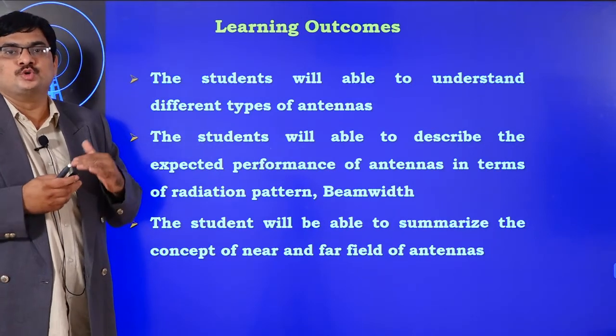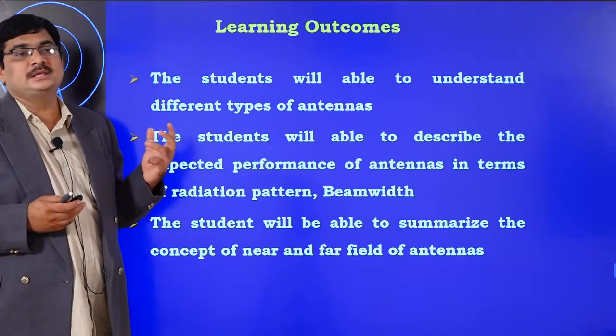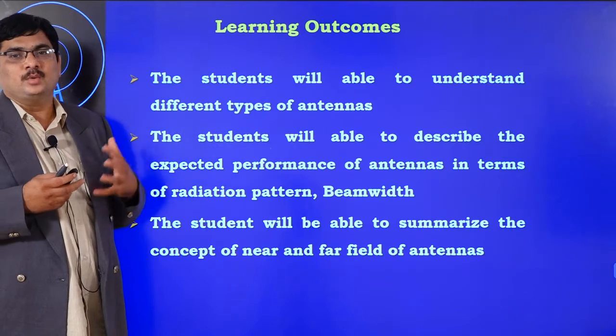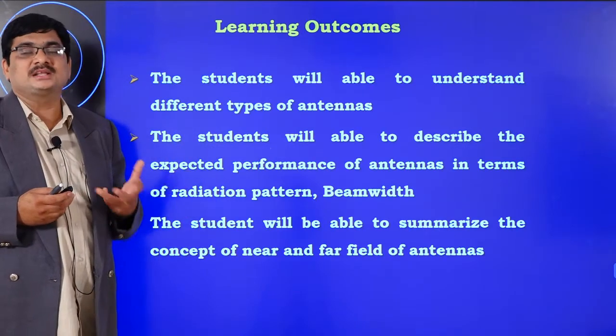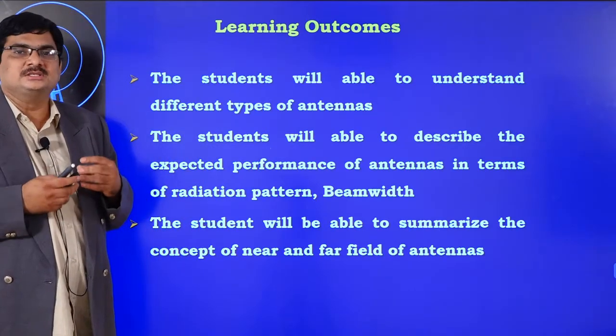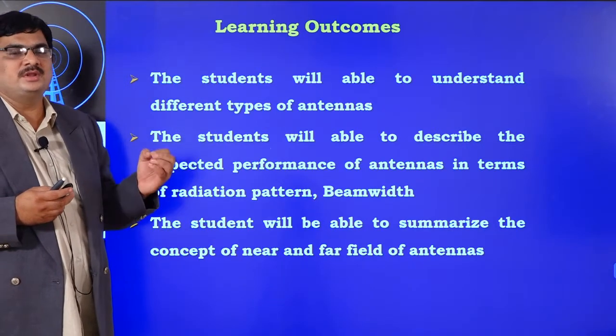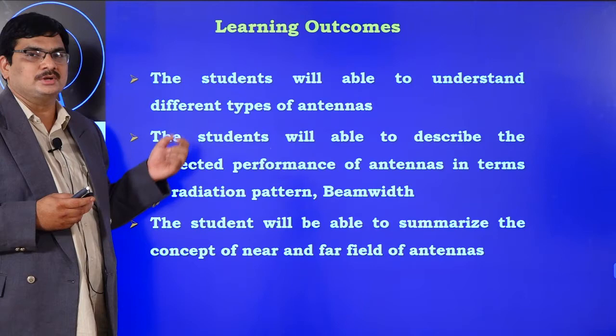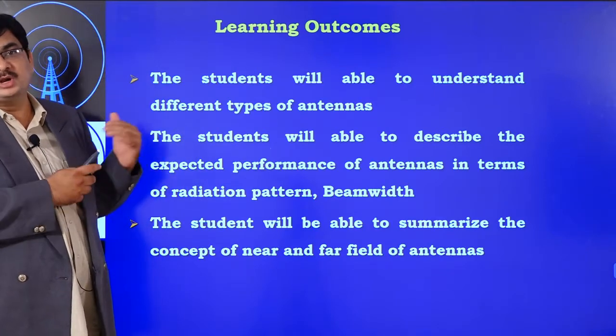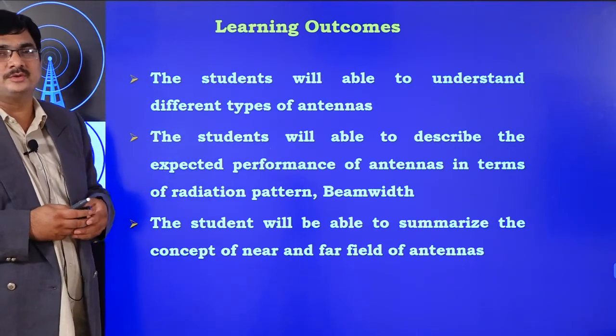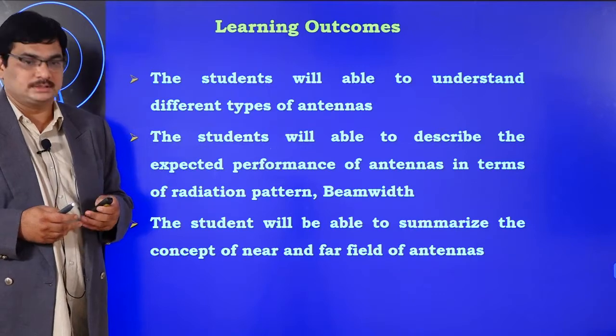Students will also learn what the half power beam width and the first null beam width are, what a major lobe, a minor lobe and a null are. And the student will also learn the concept of near field and far field region.